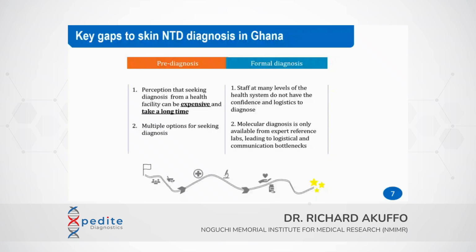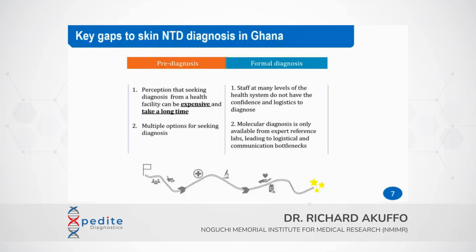Also, at the health facility, they have to battle with some barriers when it comes to diagnosis. The first is that many staff across the health levels do not have the confidence as well as the logistics to diagnose. The confidence has to do with the fact that many skin-NTDs, such as Buruli ulcer, lymphatic filariasis, even yaws in some places, are not very common and not seen very frequently.